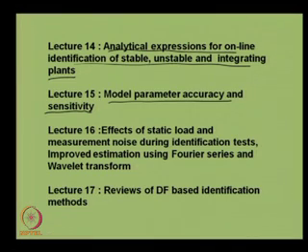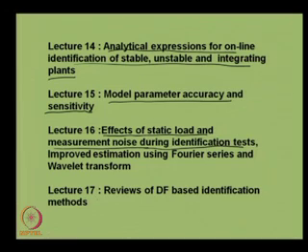These two things are very important, whether our identification schemes are giving us desired results or not, that can be ascertained from the study of accuracy and sensitivity of the identification methods. Now, the next lecture shall be on effects of static load and measurement noise disturbances during the identification tests.